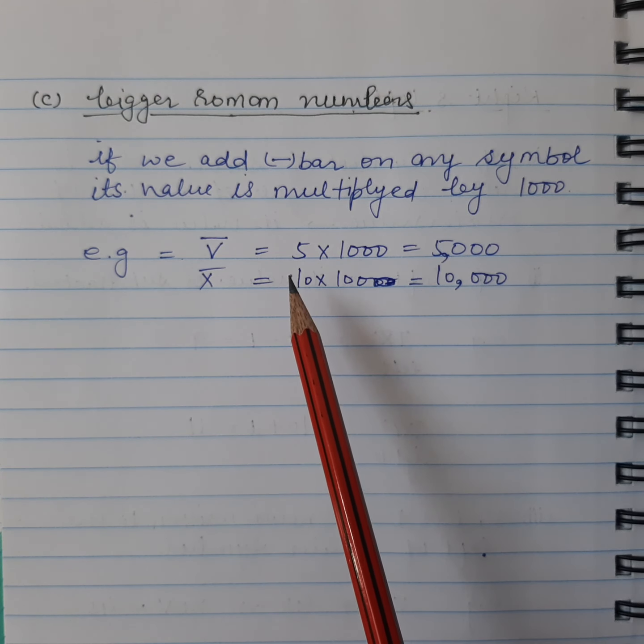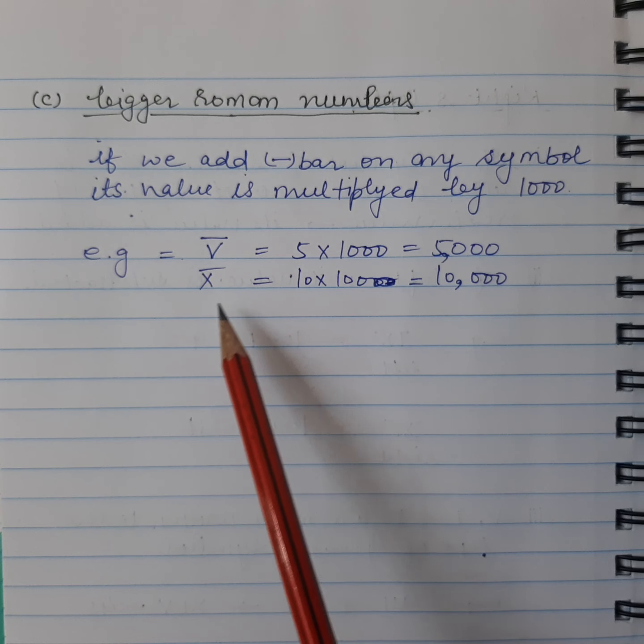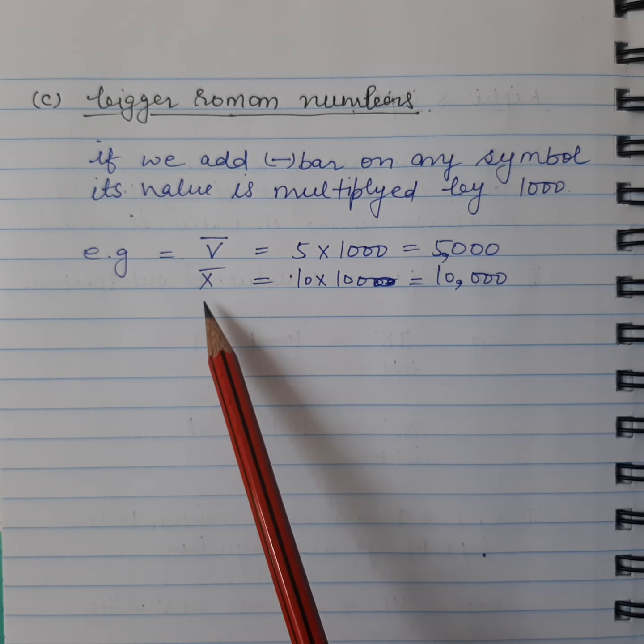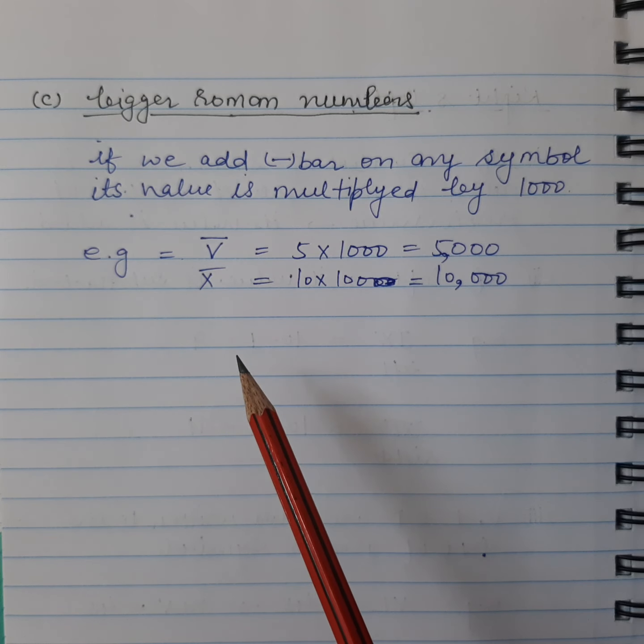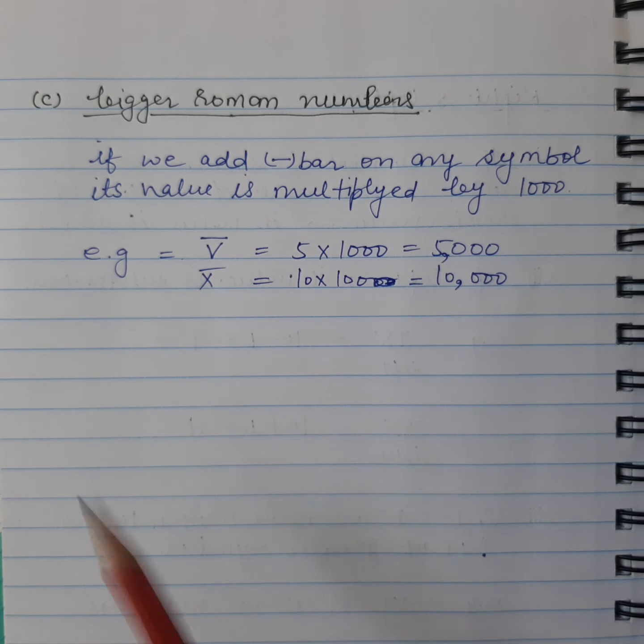In the same manner, we can add a bar above L, C, D and M, and their value will be multiplied by 1000. We don't add a bar on I because we already have a symbol for 1000, which is M.